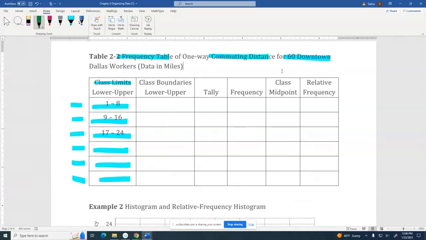And the next one, 17, 18, 19, 20, and so on. You understand, right? Even though the difference between the two limits is 7, please understand what the 8 is. It's the width, 8, right?